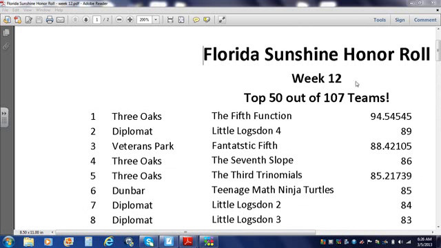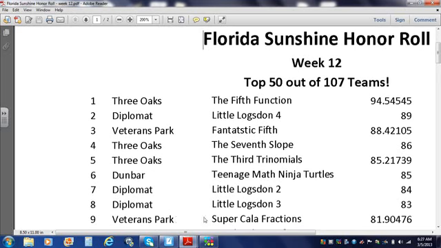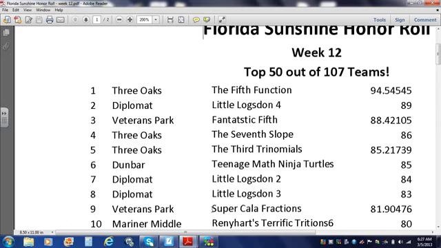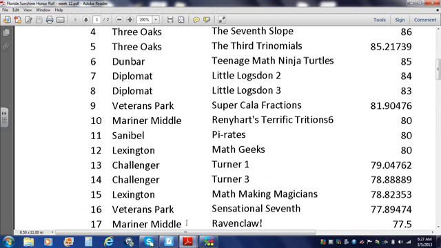Here are the week 12 scores. Oh, we got a Veterans Park at number 3. Oh, wait. That's Mr. McGrath's class. Oh, man! A Veterans Park sighting. And number 9, Supercalifractions. Ooh, wait, that's Mr. McGrath at number 16.